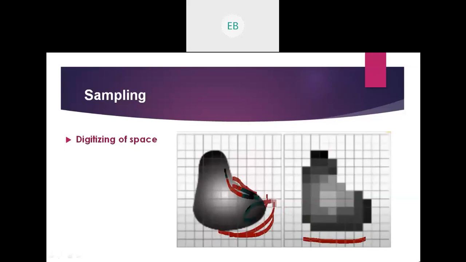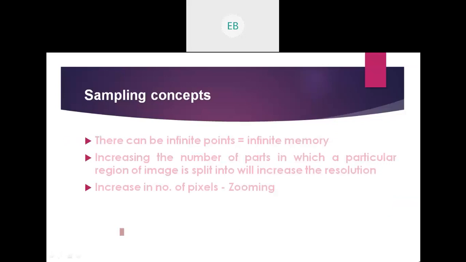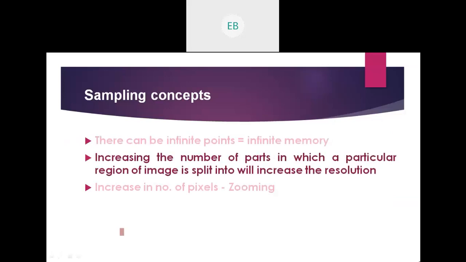Increasing the number of parts that a particular region of an image is split into will increase the resolution. That is, there can be an infinite number of points in the image, which requires infinite memory.